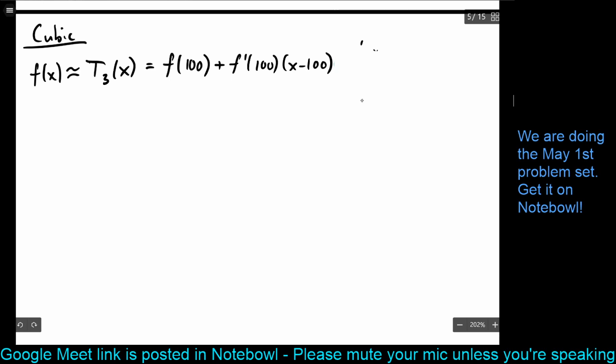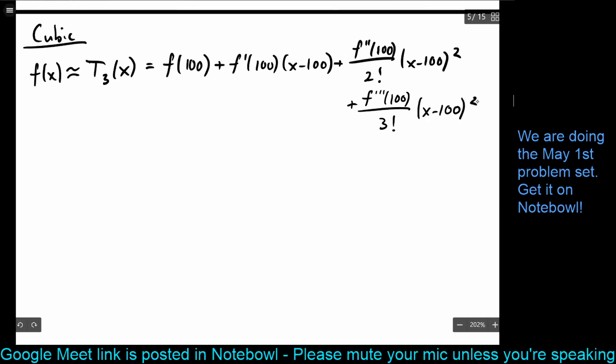Plus f double prime of 100 over 2 factorial x minus 100 squared. Ran out of room, of course, so I'll just add here. Plus f triple prime of 100 over 3 factorial x minus 100 cubed. Right? So, big surprise, we're going to do the exact same thing. Write out what this is.